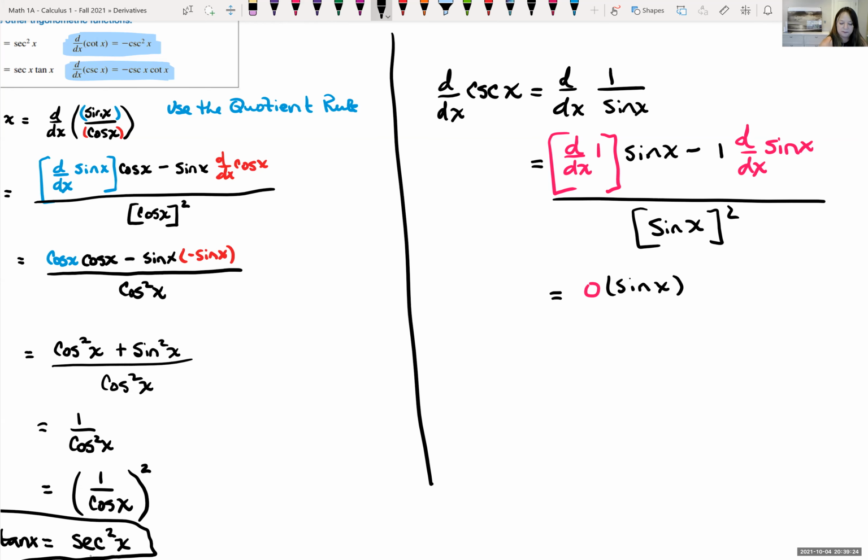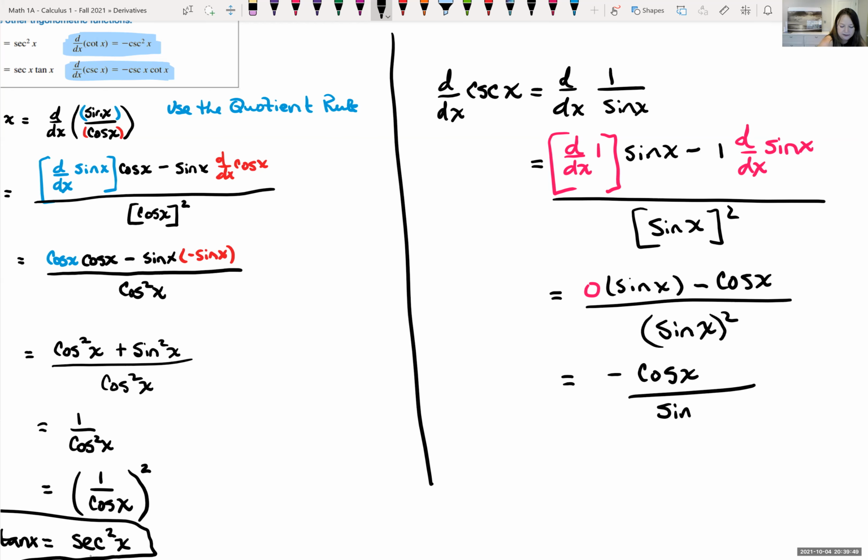So this one's going to be minus that 1 times cosine of x, so minus cosine of x, all over sine of x quantity squared. So let's rewrite sine squared x as sine x times sine x. And so our numerator, we have minus cosine of x, all over sine x times sine x.